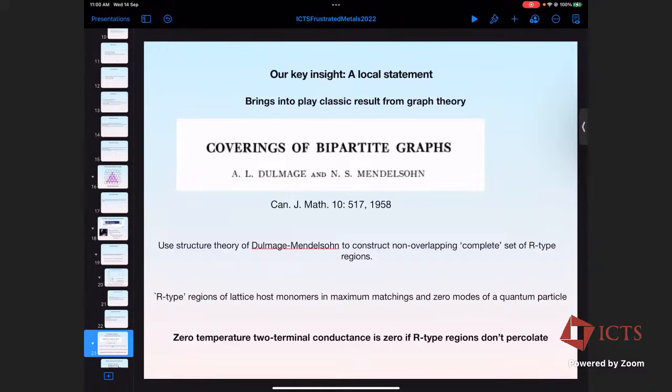So you give me a diluted lattice, you tell me where the vacancies are, and I can go in there with this procedure that comes from the theory of Dulmage and Mendelssohn, and I can draw these boundaries, and I can tell you, here is the boundary of one R-type, here's the boundary of another R-type, and these will be non-overlapping regions, and I can tell you how many monomers have to live in each of them in any maximum matching, any maximally packed dimer model that lives on that graph. So that's what we could do.